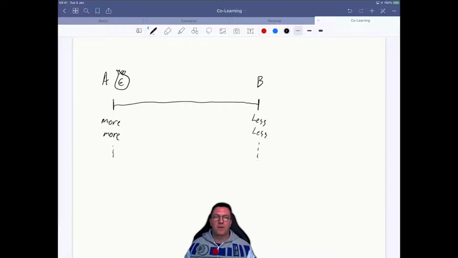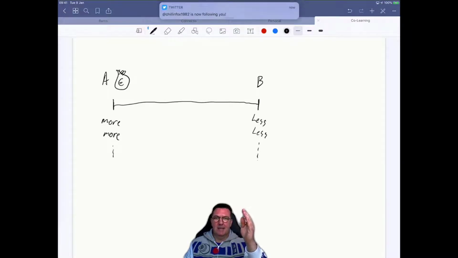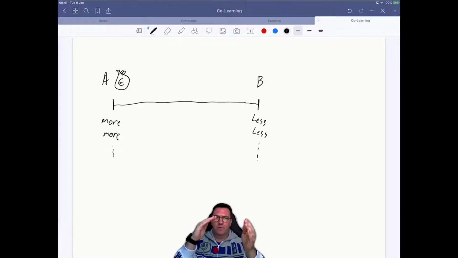And this is a kind of negotiation ongoing. So party A is always wanting more, and then you have party B, and they will go like less. This is a dynamic thing, going back and forth, from less to more, from more to less, and all that stuff.